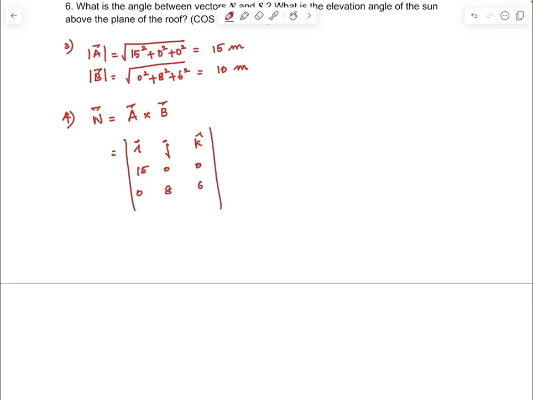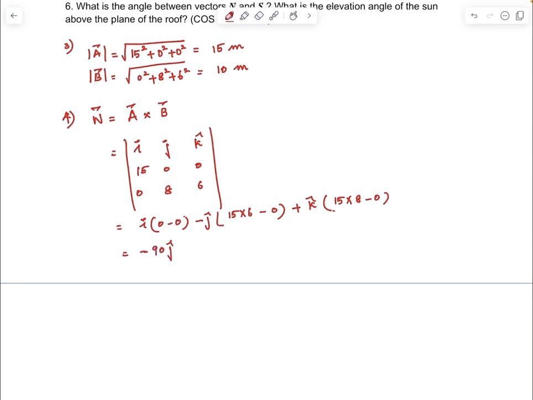Get the determinant value for this. i times 0 minus 0 minus j times 15 times 6 minus 0 plus k times 15 times 8 minus 0, which is the i component is 0, j is minus 90.